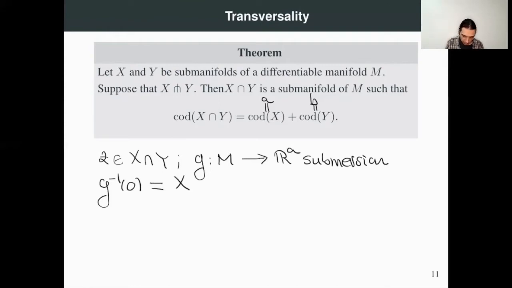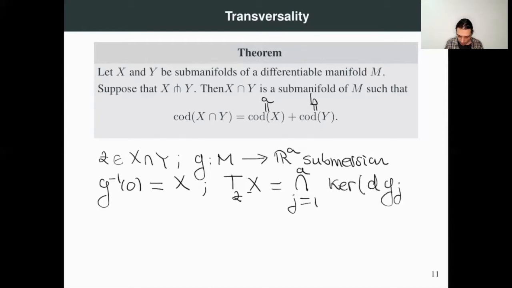We have that. And we know that the tangent space of X at the point C is actually the intersection from j equal 1 to A of the kernels of the differential of G_j at the point C, where G_j is the j-th component of G. G can be interpreted as a map (G_1, G_2, till G_A).